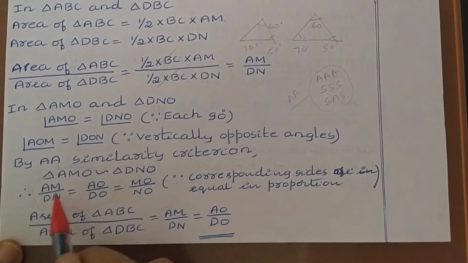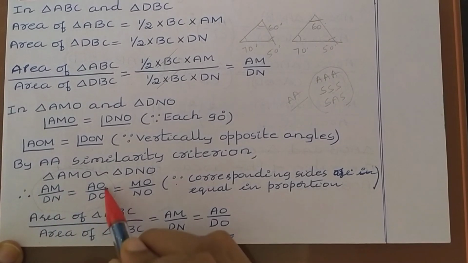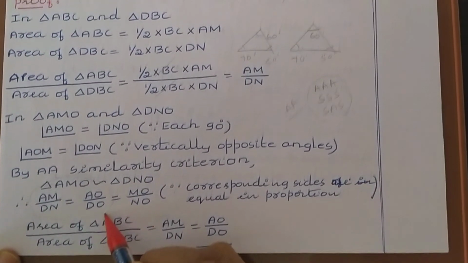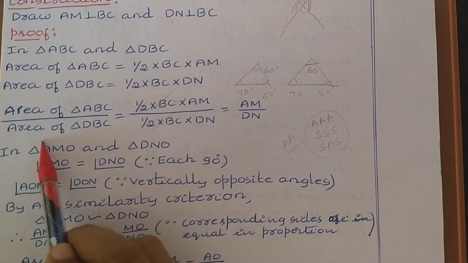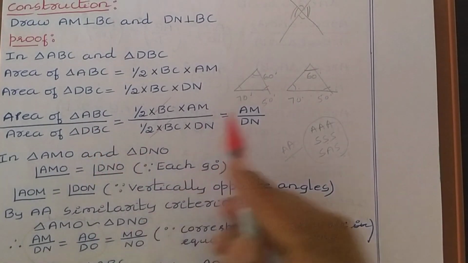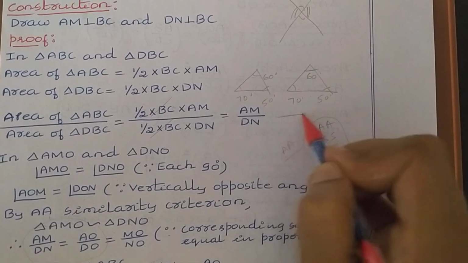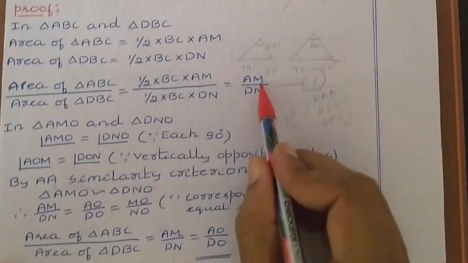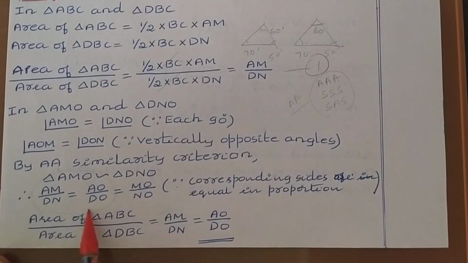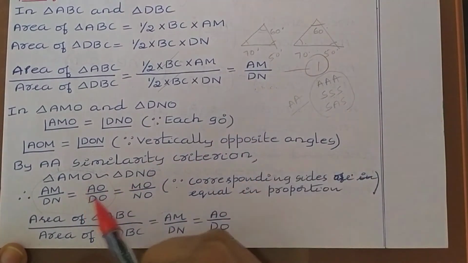We know that AM by DN is equal to AO by DO. We have already got here the area of triangle ABC divided by the area of triangle DBC is equal to AM divided by DN. This we have already got. Now we got that AM by DN is equal to AO by DO. That means now we can write in this place, this one.